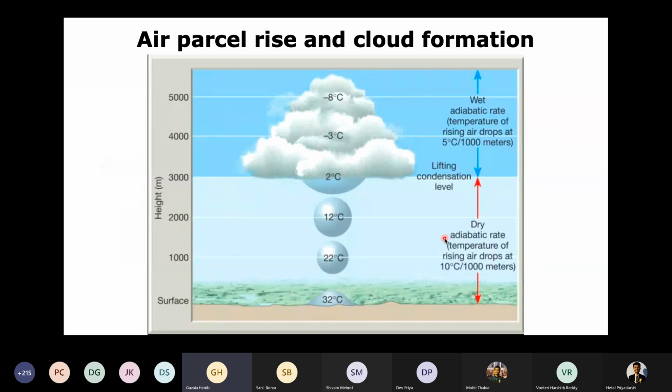Now, as I told you in the previous slide, the warmer air parcel goes up, and that is the reason for the cloud formation. So this is what is shown here.